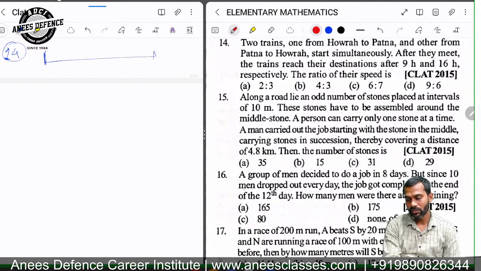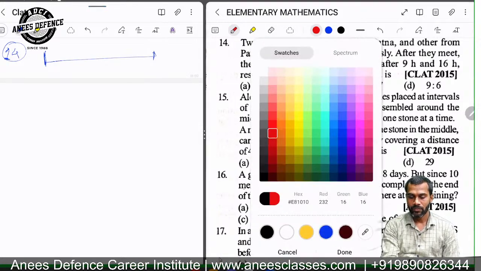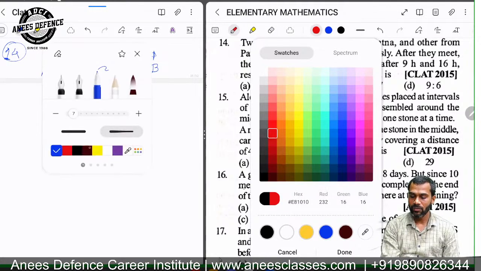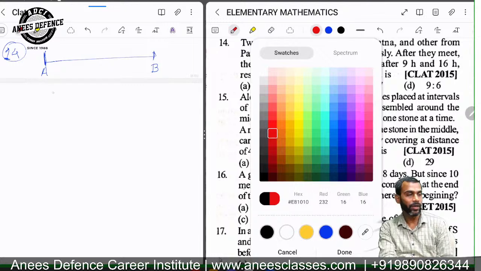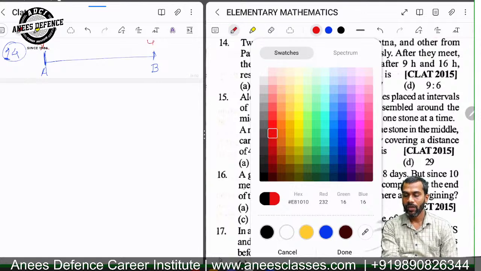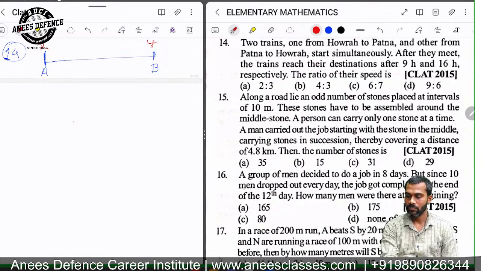Suppose there are 2 points, and suppose this is A and this is B. Or maybe there are 2 trains, X and Y. Train X starts from A to B and at the same time, Y starts from B to A. Suppose somewhere here they meet at this point C. So after meeting, X takes how many? 9 hours.